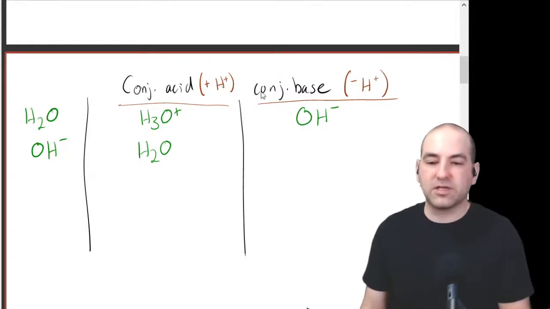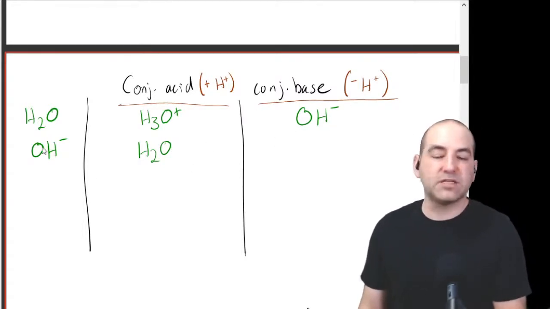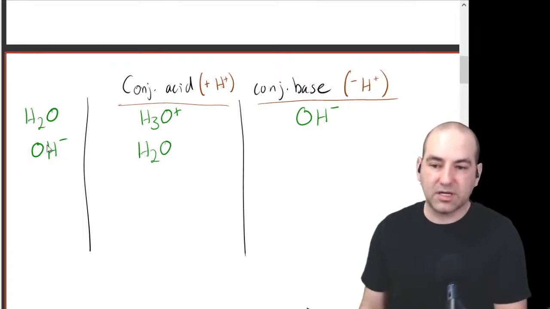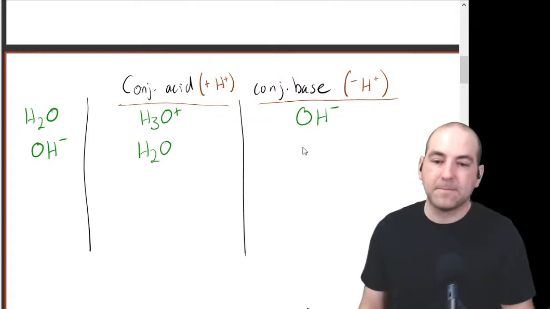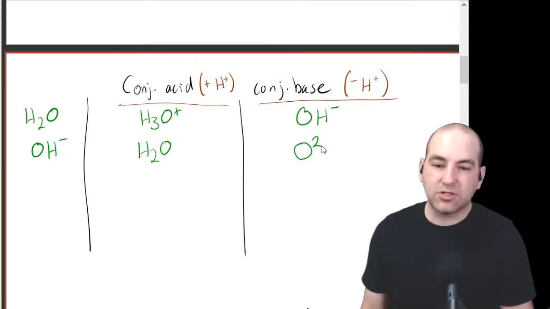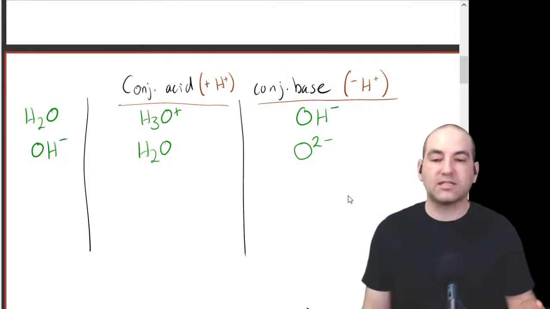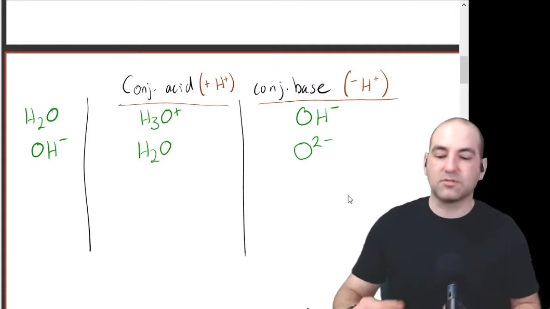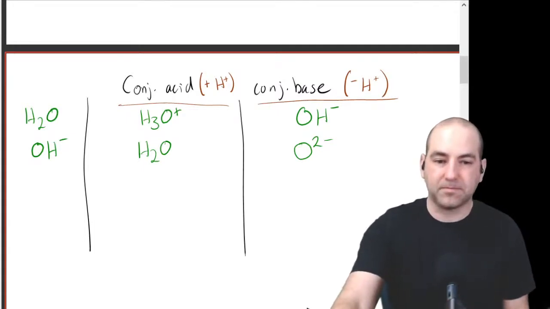And then this is one we actually haven't seen yet. We can find the conjugate base of hydroxide as well by taking away another hydrogen. So we take away this hydrogen too, and then we end up with just O, and it's going to actually be 2-, because we lost that +1 charge. So we went from -1 down to -2. All right, so hopefully that's making sense.